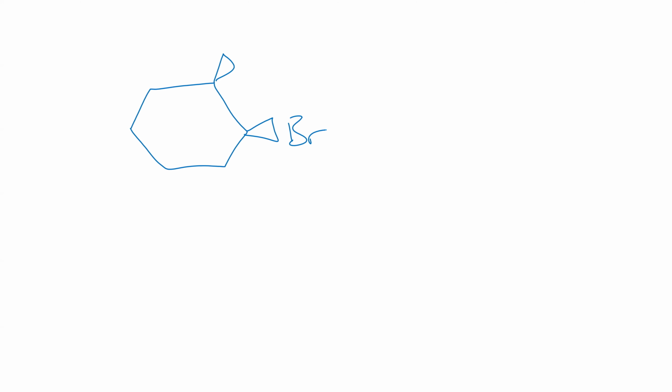What is the intermediate going to look like when the bromide leaves? What's the first step of the reaction and what's the first intermediate? It's just going to be the ring with the one methyl. Correct. Bromine leaves, and you get a carbocation on a secondary carbon.